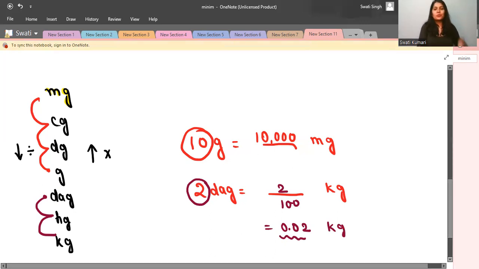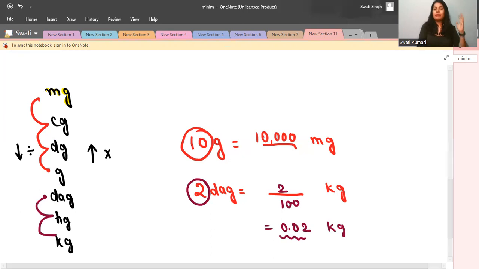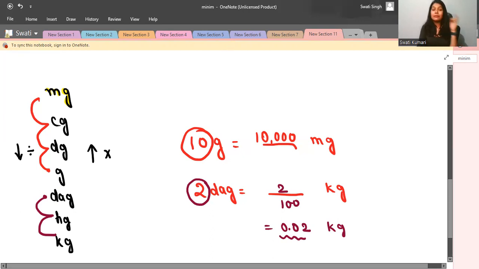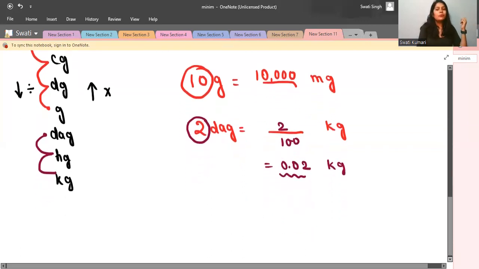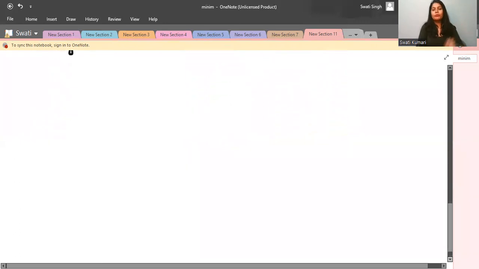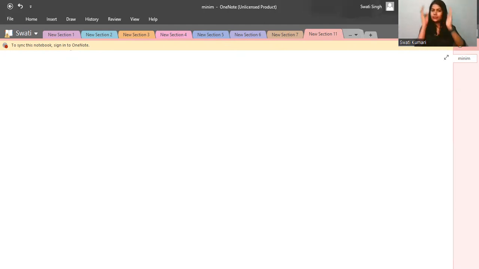Now, we have done for meter, we have done for gram, that means we have done for distance, and for weight or mass. Now we have volume also. For volume, we use liters. Again, you will do the same thing. I'm going to write down just the sequence. I'm not going to solve this question, otherwise this video will be a very long video.